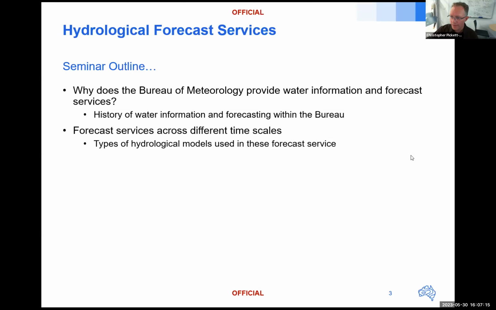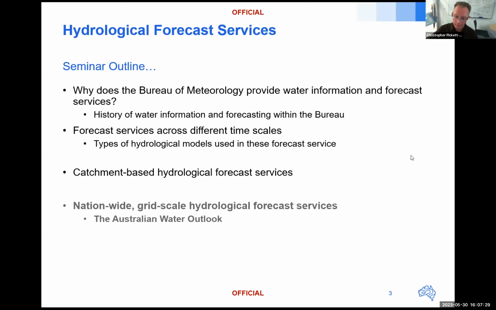Just quickly look at the forecast services within the water space at different timescales and the types of hydrological models used to support these services. And then I'll briefly look into catchment-based hydrological forecasting services before looking in more detail, partly because this is what I'm involved in, at nationwide grid-scale hydrological forecasting services.